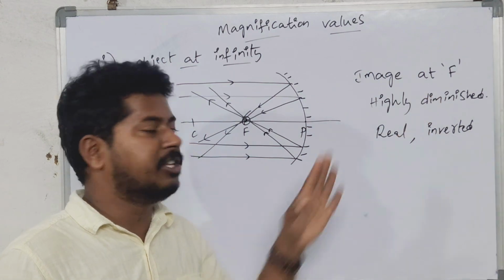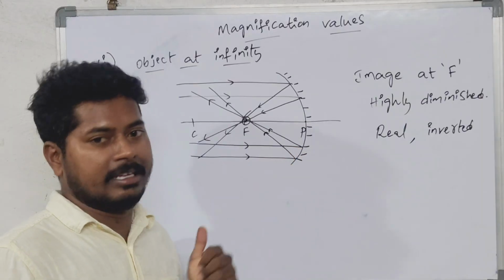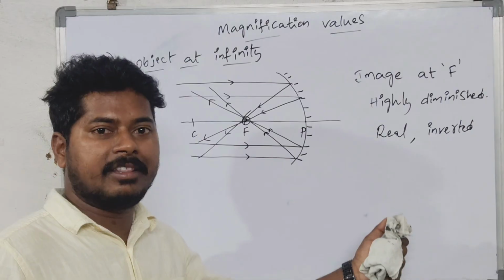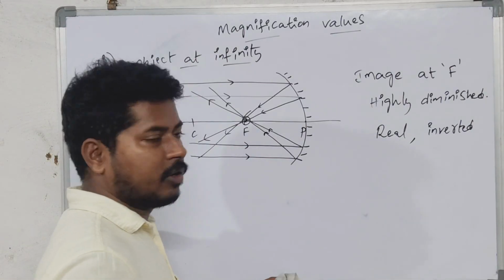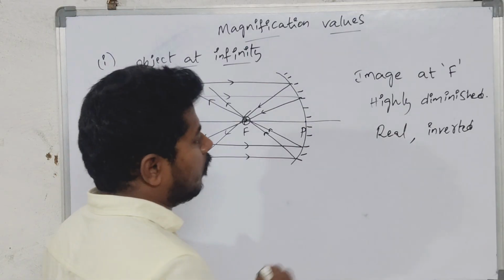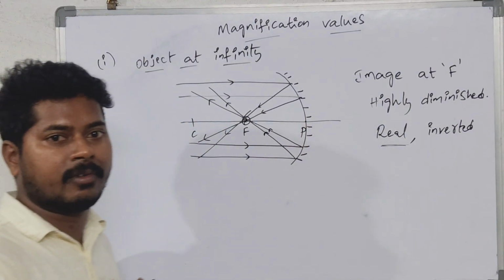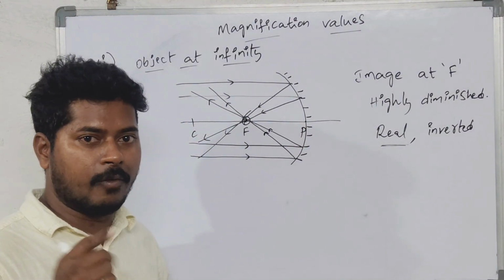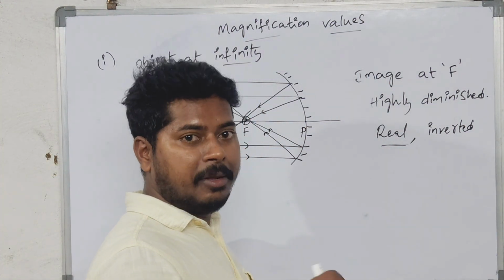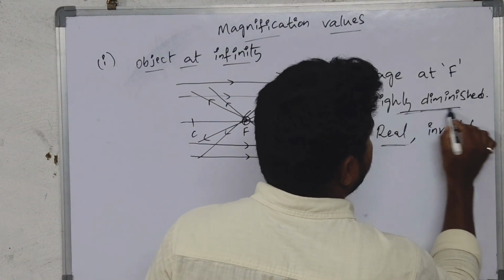Once we write the nature of the image, then we can write the magnification value for this case. How to write the magnification value? Just observe carefully. We have to observe two things. One is whether it is a real or virtual image, and one more thing, whether it is a magnified or diminished image.